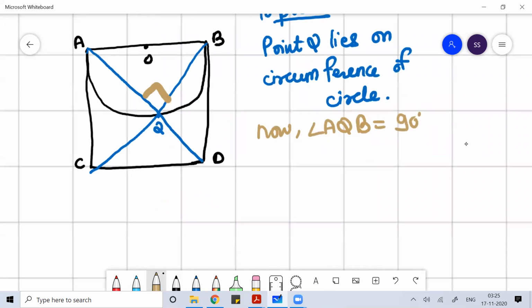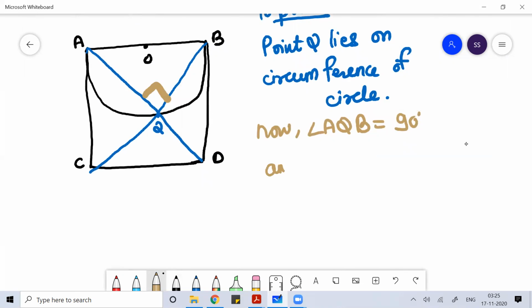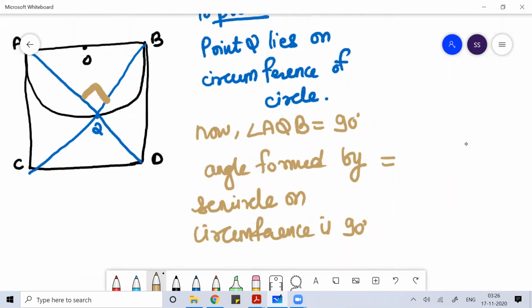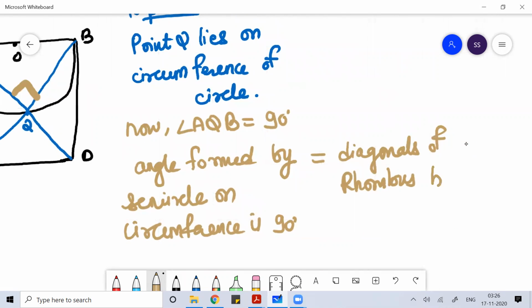Why? Two reasons. What are the two reasons? One reason is the angle formed by the semicircle on the circumference is 90 degrees, and the other property is that ABCD is a rhombus, so the diagonals of the rhombus bisect each other at right angle.